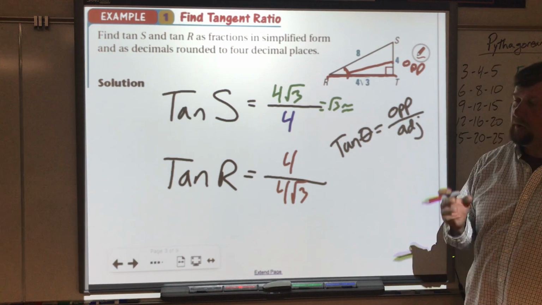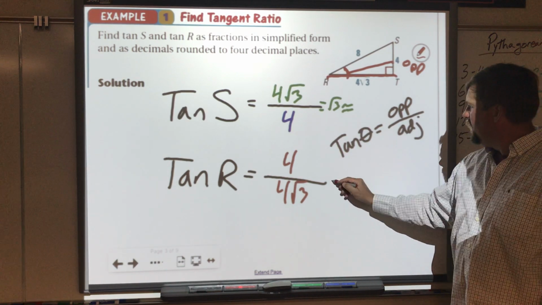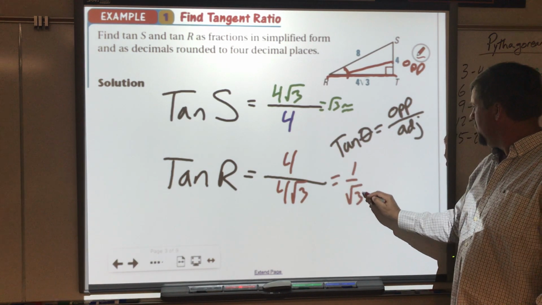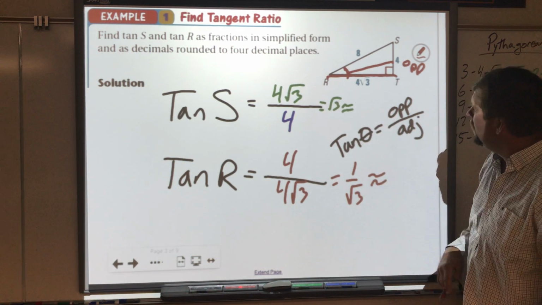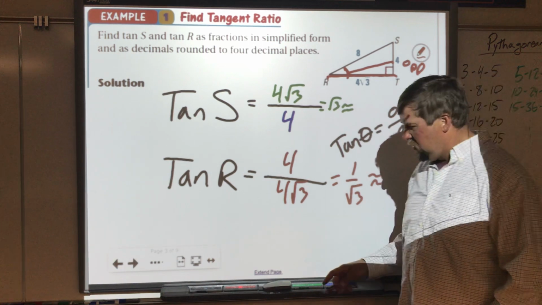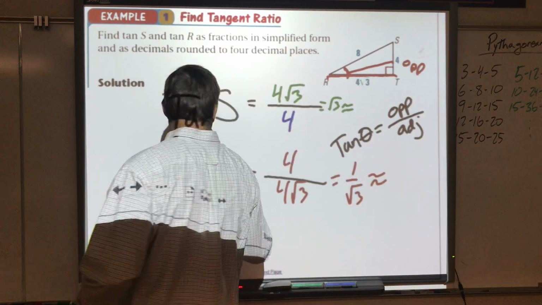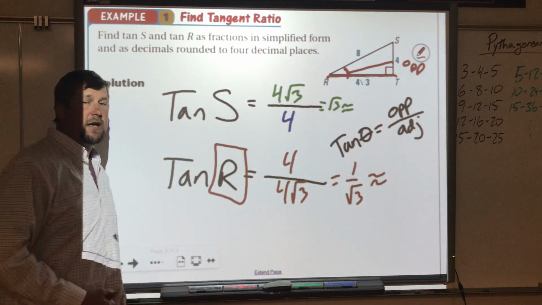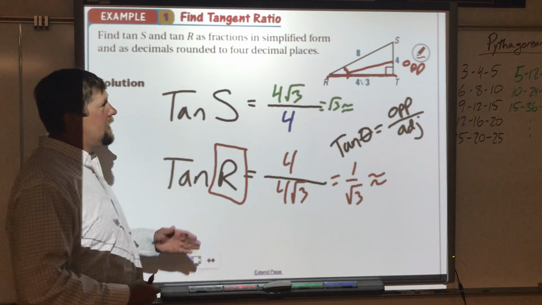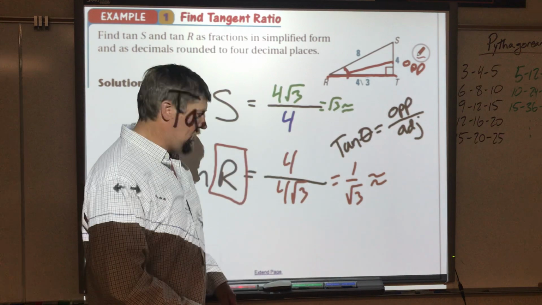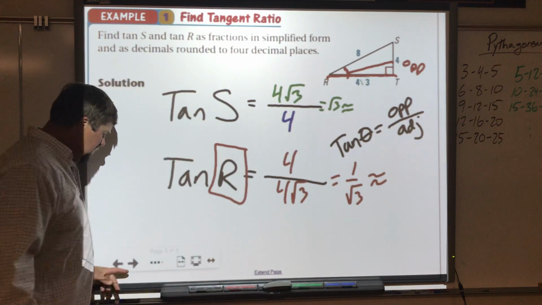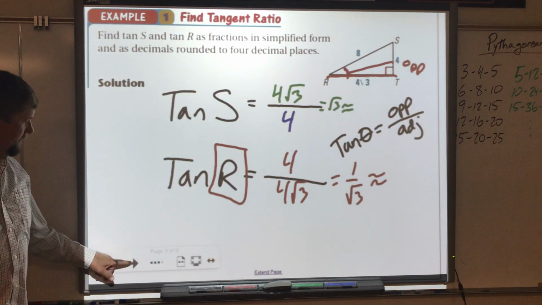So it's the reciprocal of the first one, which is 1 over the square root of 3, which is approximately, and then you could find the decimal. So the point is, depending on which angle you're talking about, you are talking about the particular side that's opposite that angle and adjacent to that angle. So you have to understand what those mean.